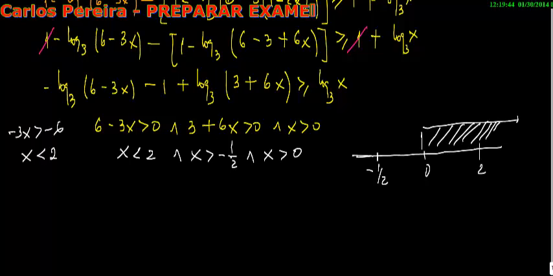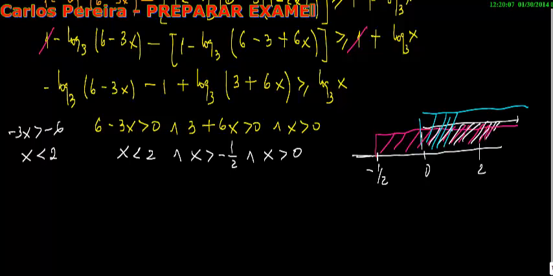Then x greater than minus 1 over 2, let us say with another color this one over here, okay? I think it is very simple to understand. And at the end I will have again x greater than 0. It is here, you see?